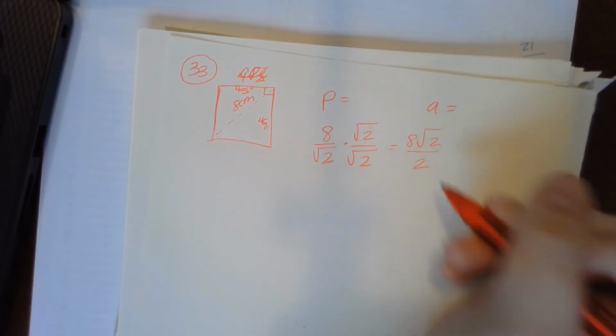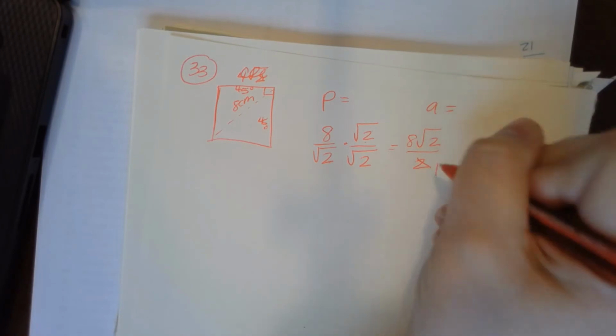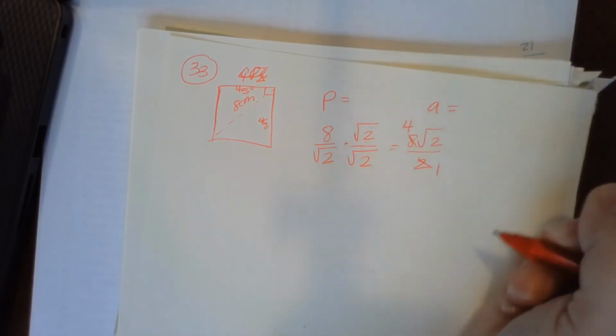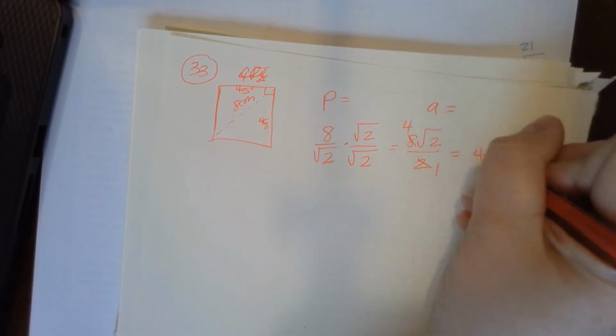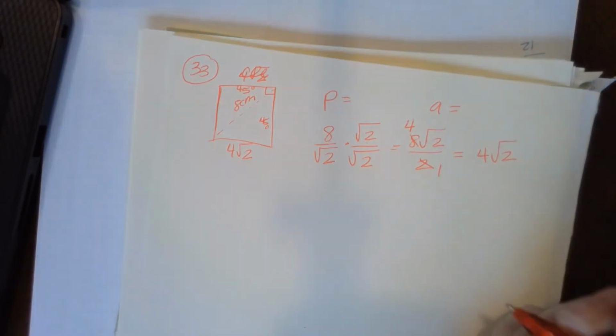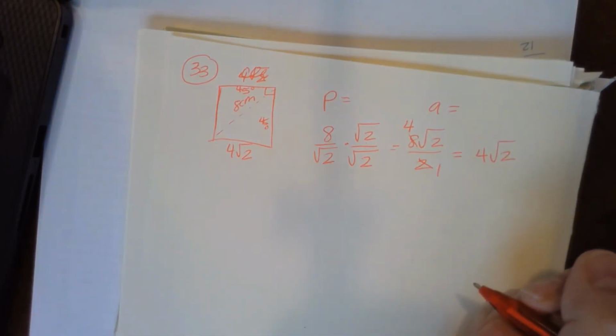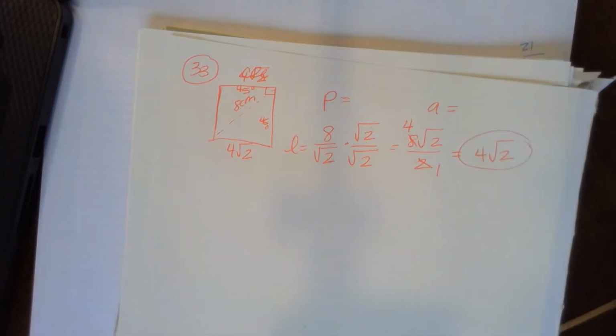Square root, positive number. I can simplify again, 2 into itself once, into 8 4 times, okay? And so I know, and here, there we go, here I know that my side is 4 square root of 2. They're all going to be the same, right? So we solved for L, or the leg, so that's part of your answer, but it's not what she's asking for. Now from here, I'm going to find the perimeter.